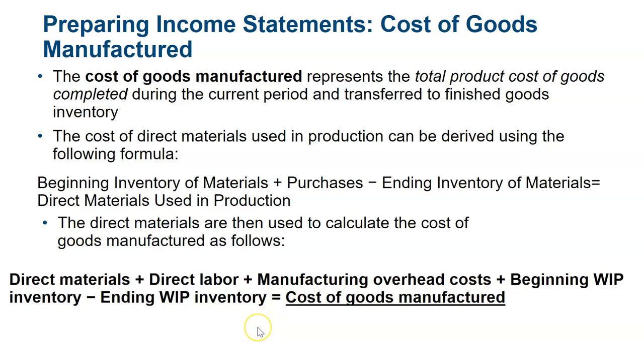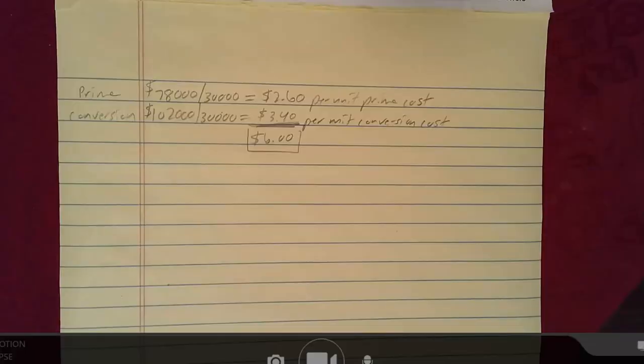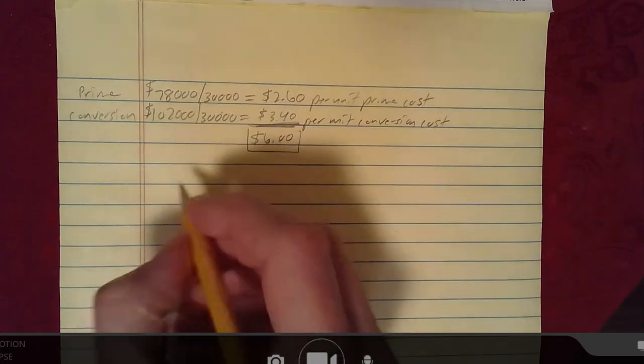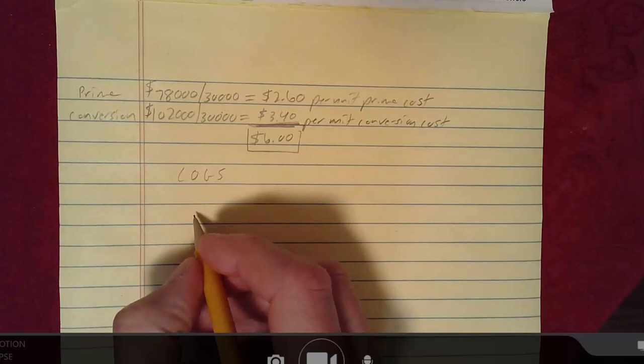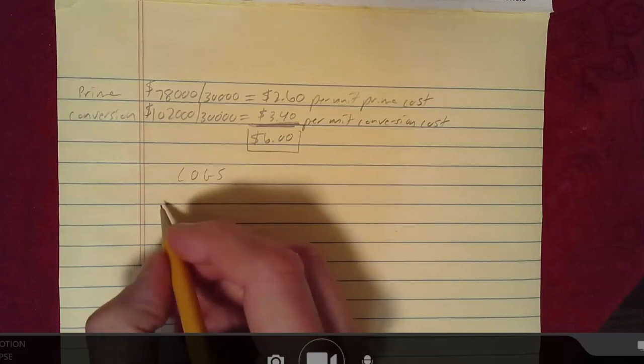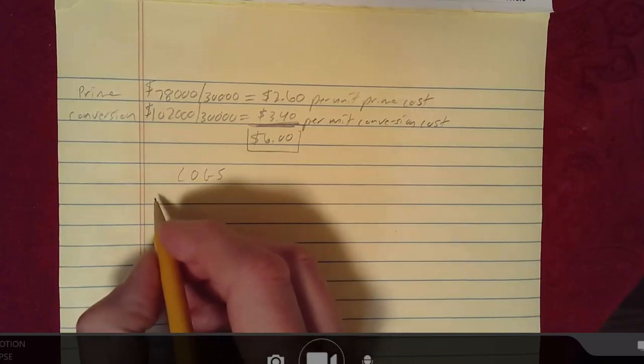Notice there's a common trend. Whenever you were in your financial accounting class, what did you learn regarding the cost of goods sold formula, and this is for a periodic inventory system, not a perpetual?